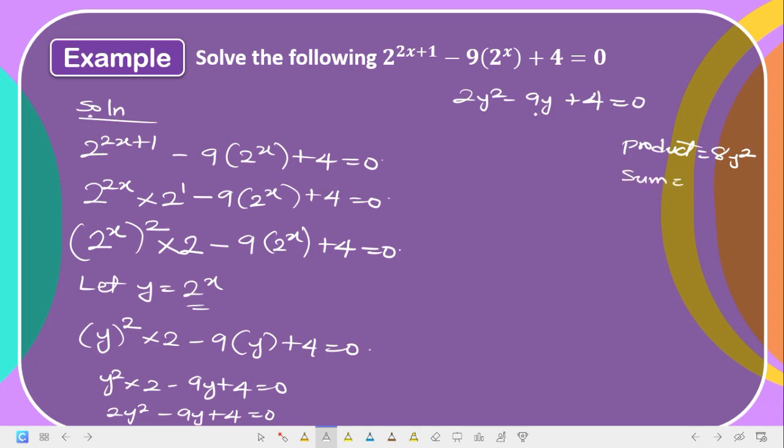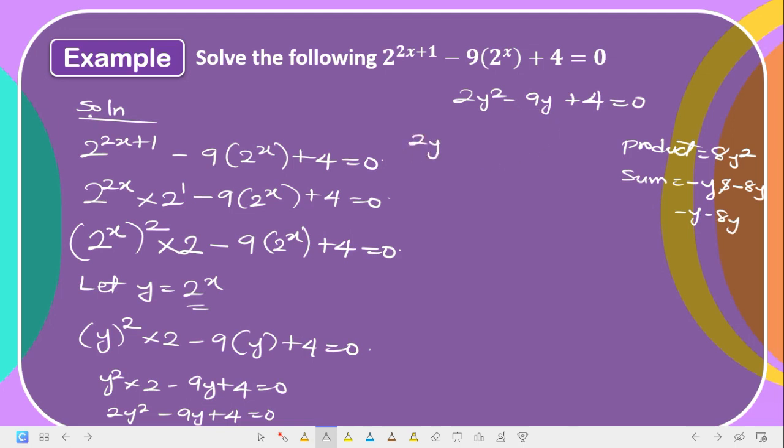What are those two values that when you add them, they will give us minus 9y, and when you multiply them, they will give us 8y squared? Those values are minus y and minus 8y. Minus y times minus 8y gives us plus 8y squared, and minus y minus 8y gives us minus 9y. So we are going to use those two values.